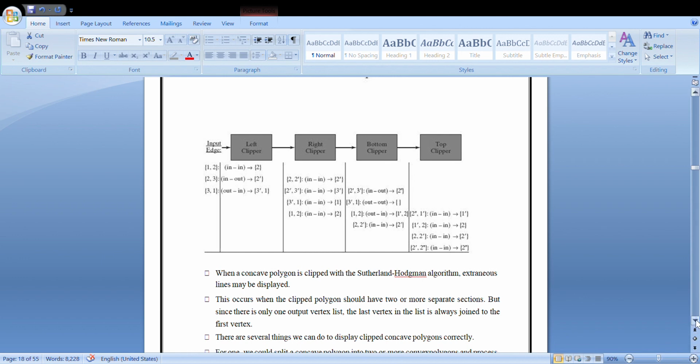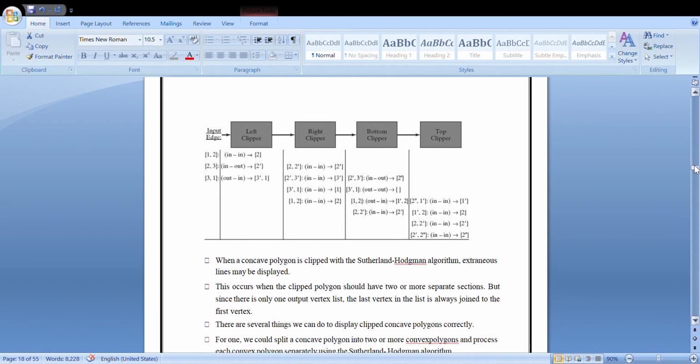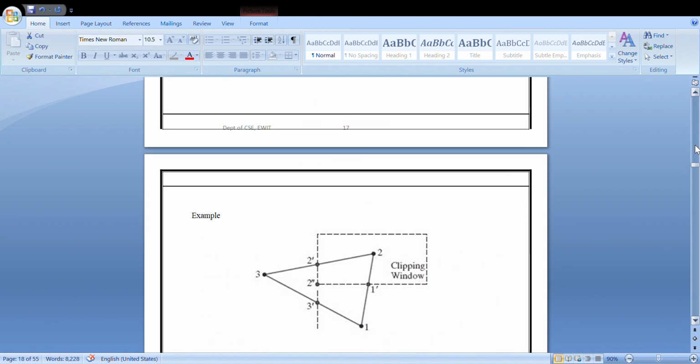You can expect at least one problem or explanation of the algorithm. So in the next video I'll take a step-by-step example, a written notes kind of, and I will record a video and send you. So as of now, please solve the previous Sutherland problem which I had sent, and also understand this Sutherland Hodgman algorithm. Thank you everyone.